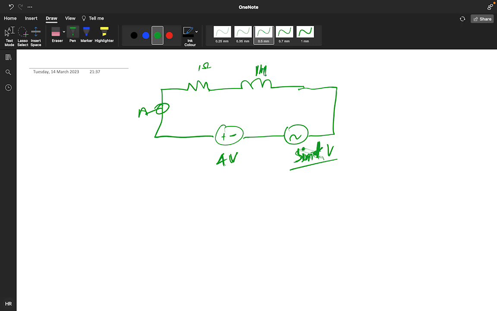So what I am asking is, what will be the ammeter current? This is ideal, meaning there is no loss. What will be the ideal current of the ammeter?